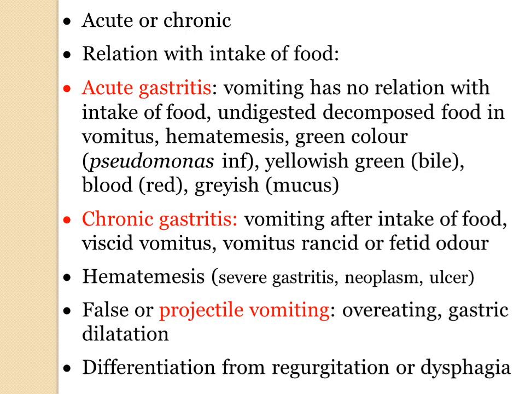In chronic gastritis, vomiting generally occurs after intake of food. The vomitus contains plenty of mucus, so it becomes very viscous. Vomitus emits a rancid or fetid odor.